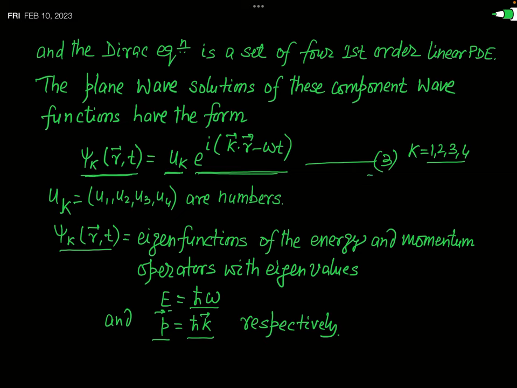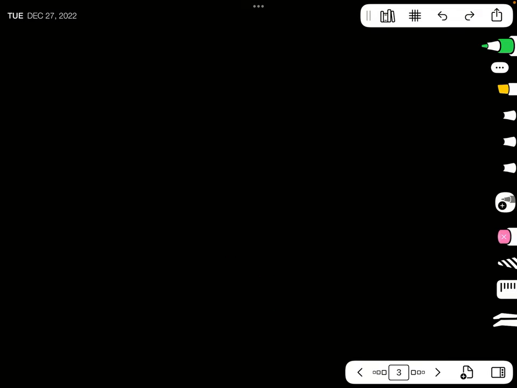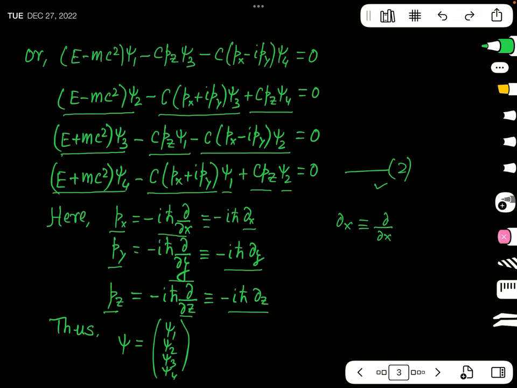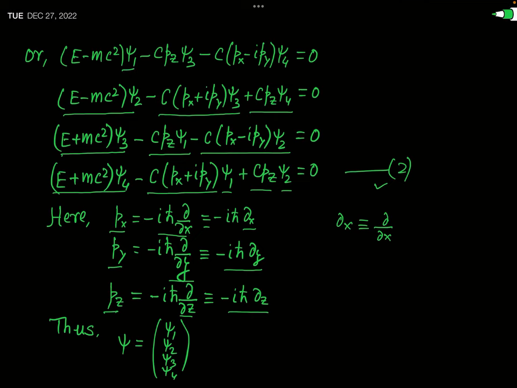Now, when we use this equation 3 in equation number 2, instead of psi 1 we will write u1 e to the power i (k dot r minus omega t).